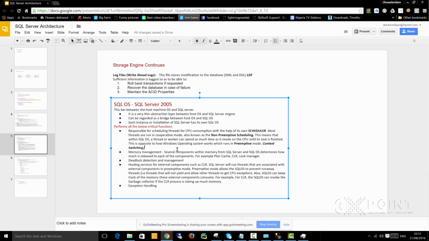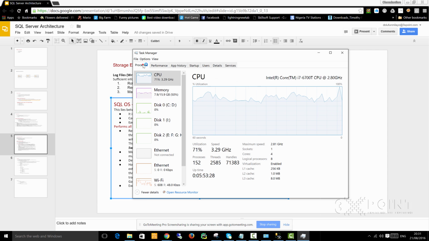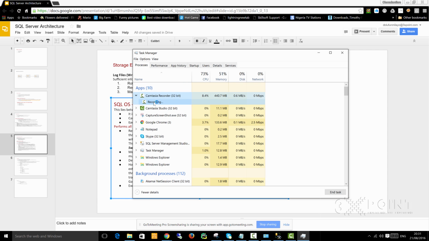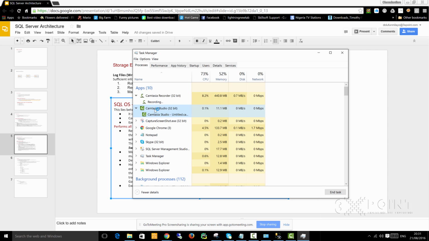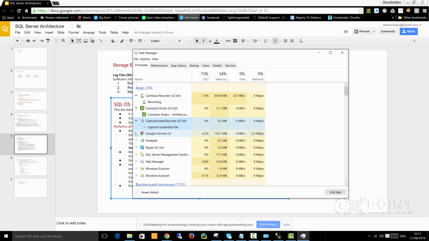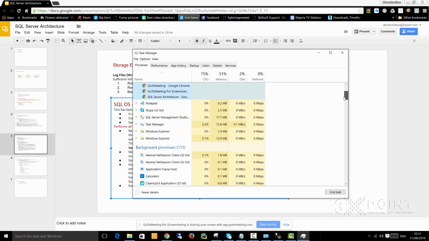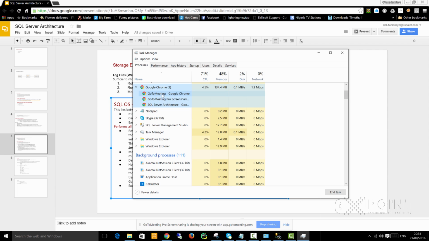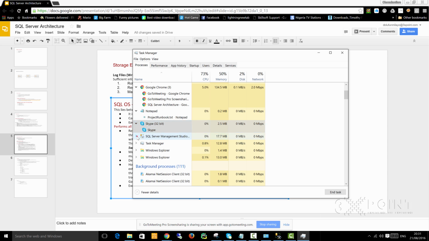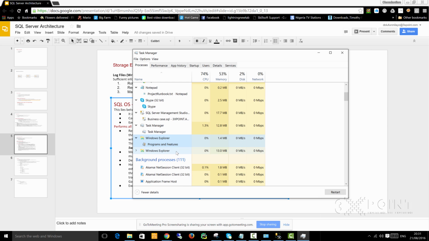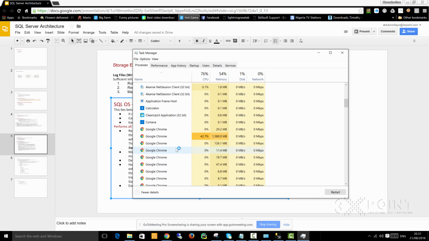For example, looking at my task manager and looking at the processes, you can see that Camtasia here is working. This is working. This is working. Google Chrome, if I open more pages for Google Chrome, each of them will be working. I have this working. All these are different things working. Now, there are other background processes doing a different bunch of work.